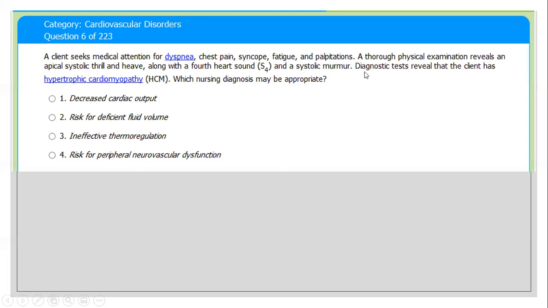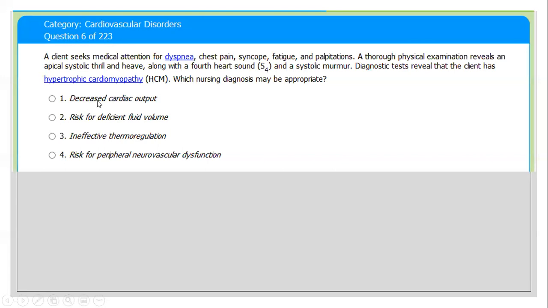Diagnostic tests reveal that the client has hypertrophic cardiomyopathy. Before explaining hypertrophic cardiomyopathy, I want to tell you what cardiomyopathy is. Which nursing diagnosis may be appropriate?